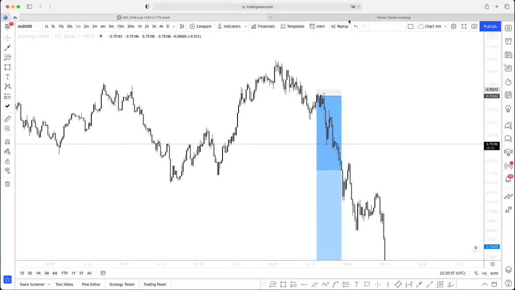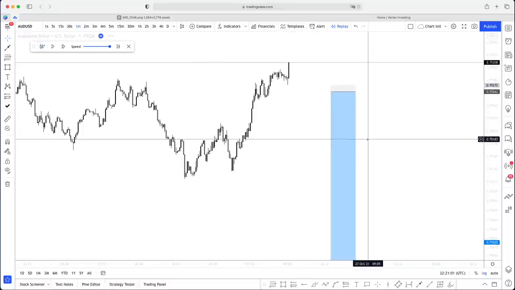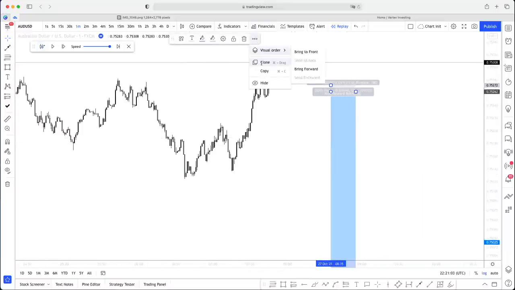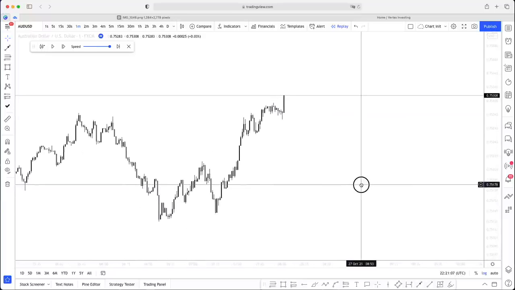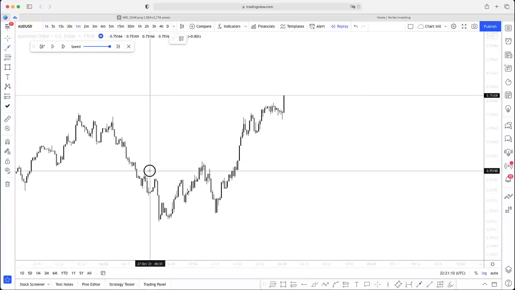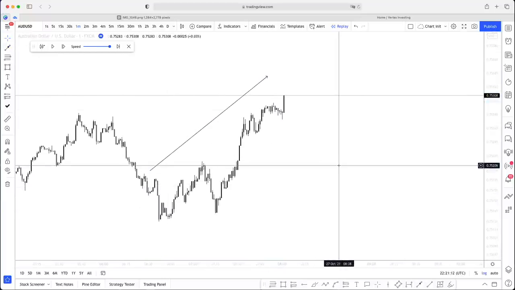So let's start off with what we go off first. So let's go here. Let me hide this. Okay, so the initial thing that we see is we've got a clear bullish move. Now, this is something that I don't think about consciously.